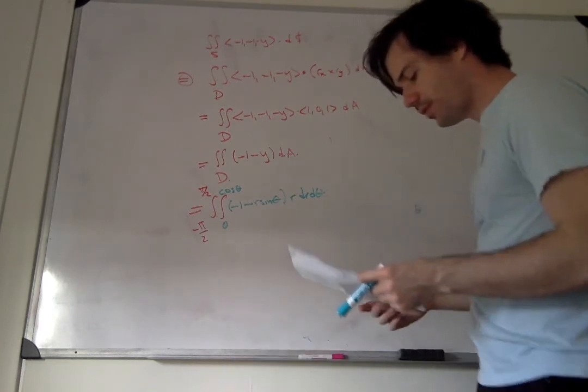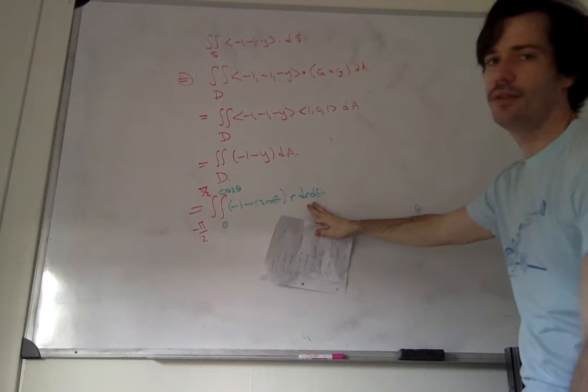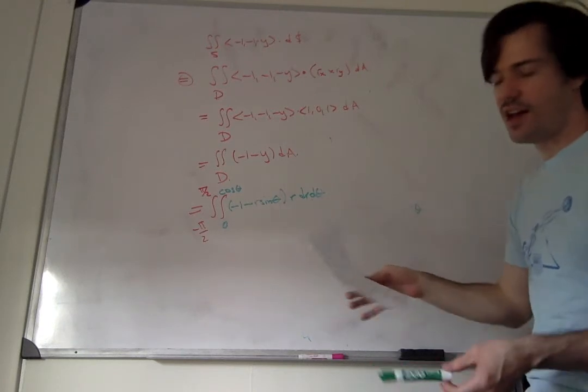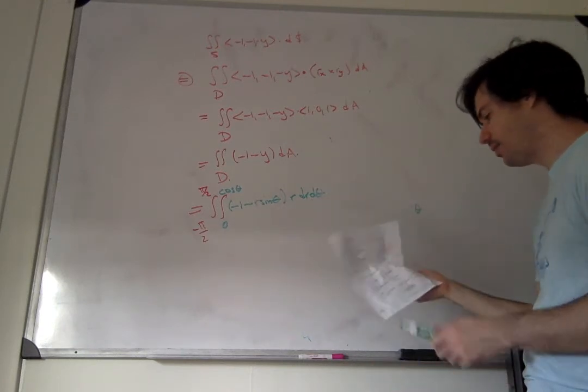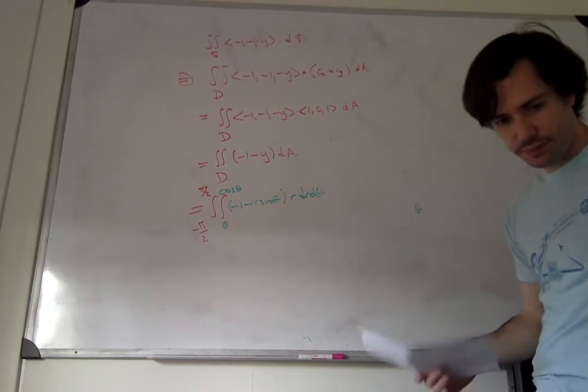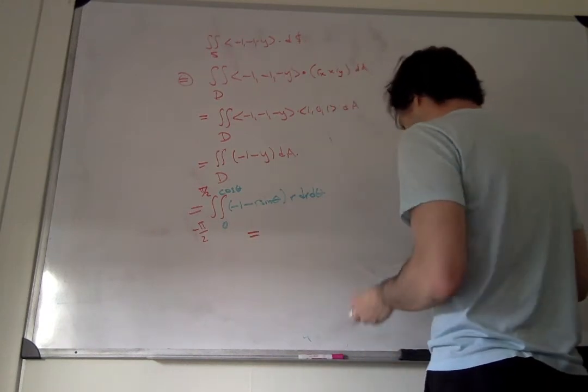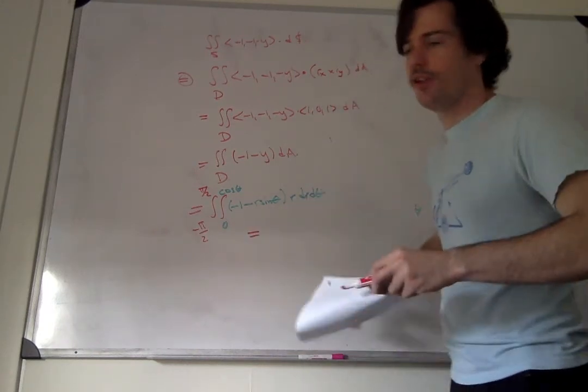Okay, so once you have this set up, this is not a lot of work, but let me just say, if you do it correctly, you should get, oh, what the heck, let's show the whole thing.